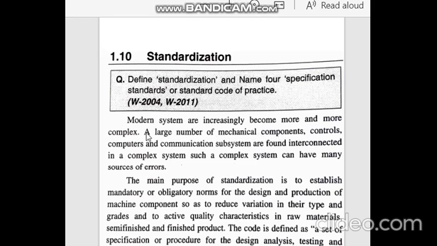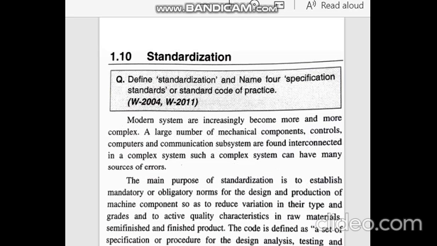They are having a large number of mechanical parts, many controls, and computer systems, communication systems, all interconnected in a complex system. Such a complex system can have many sources of errors.